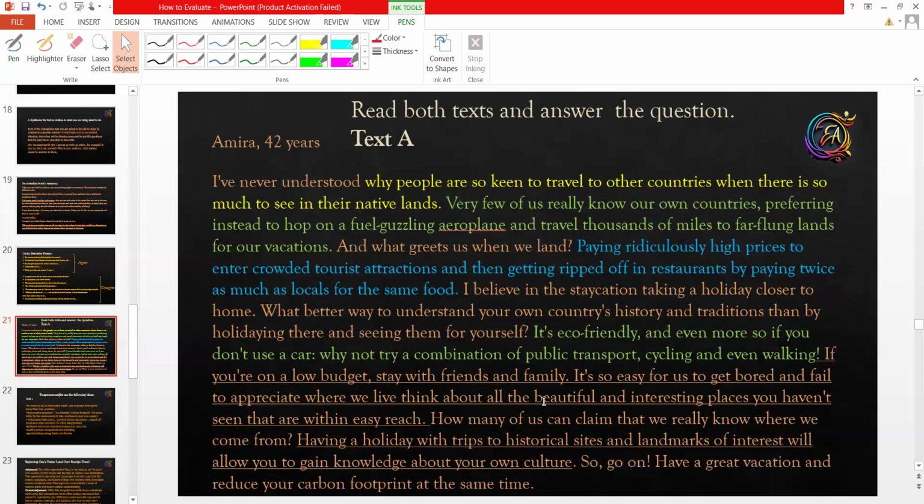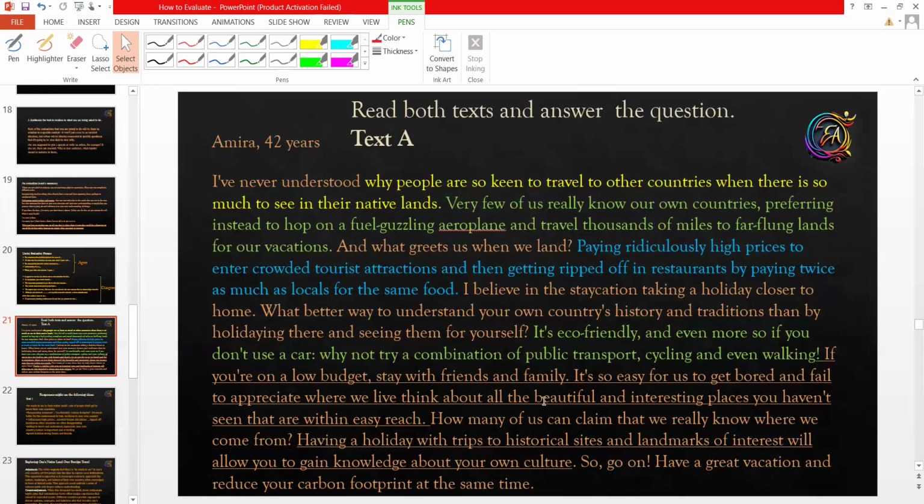But I have just selected different colors so that you have an idea that these are the points which I have extracted, and on these points I will be writing either agreeing with the idea or disagreeing. Still, I am not sure whether I will agree or disagree, but I have just extracted the ideas from here.